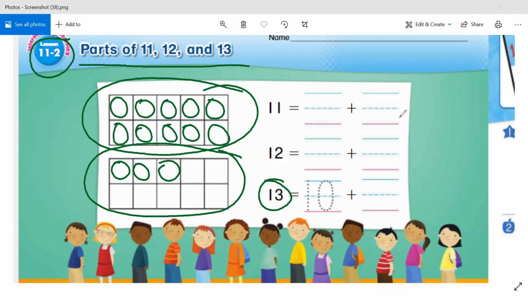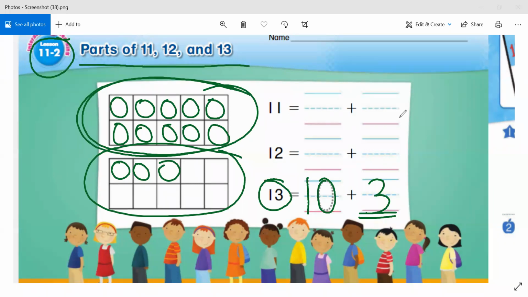All right, let's complete this number sentence. We have 13 is equal to 10 plus how many? 3. So how do you know that your double 10 frame shows 13? We can count to check. So we have 10 up here.